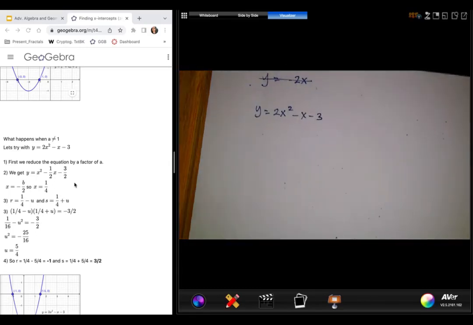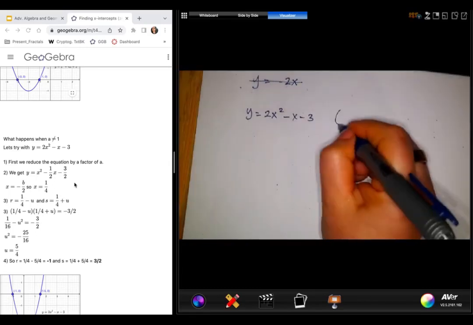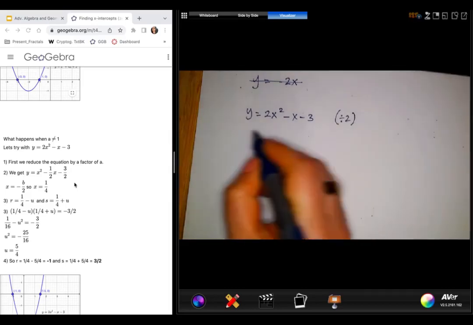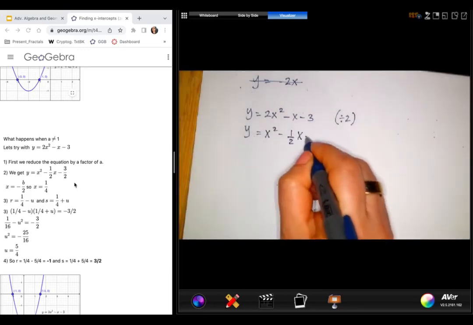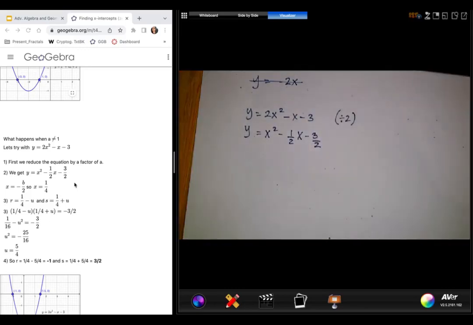First we're going to factor out that 2, so we divide by 2, and we have y equals x squared minus 1/2 x minus 3 over 2.